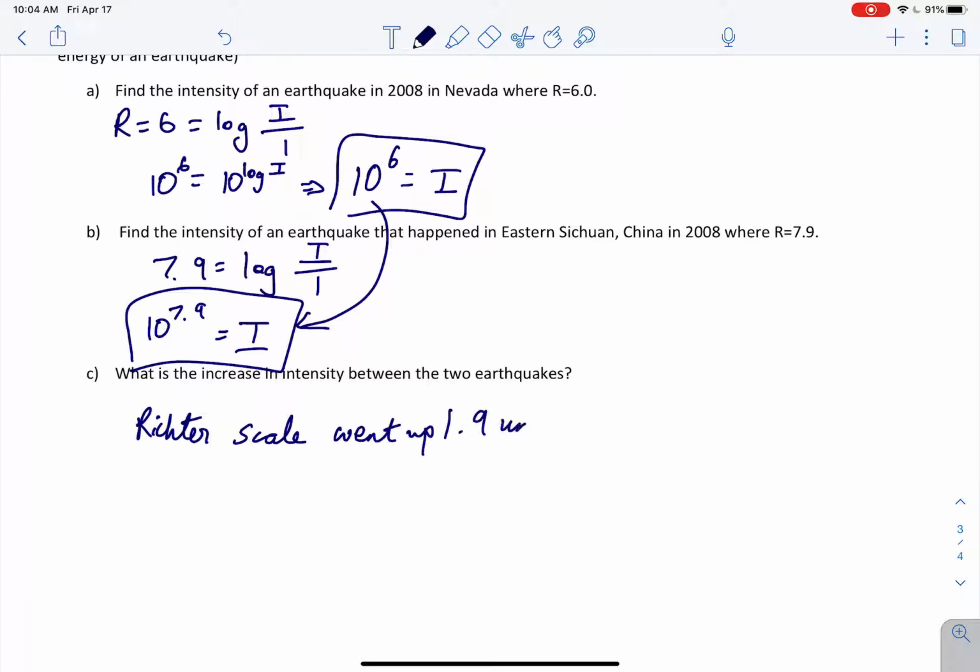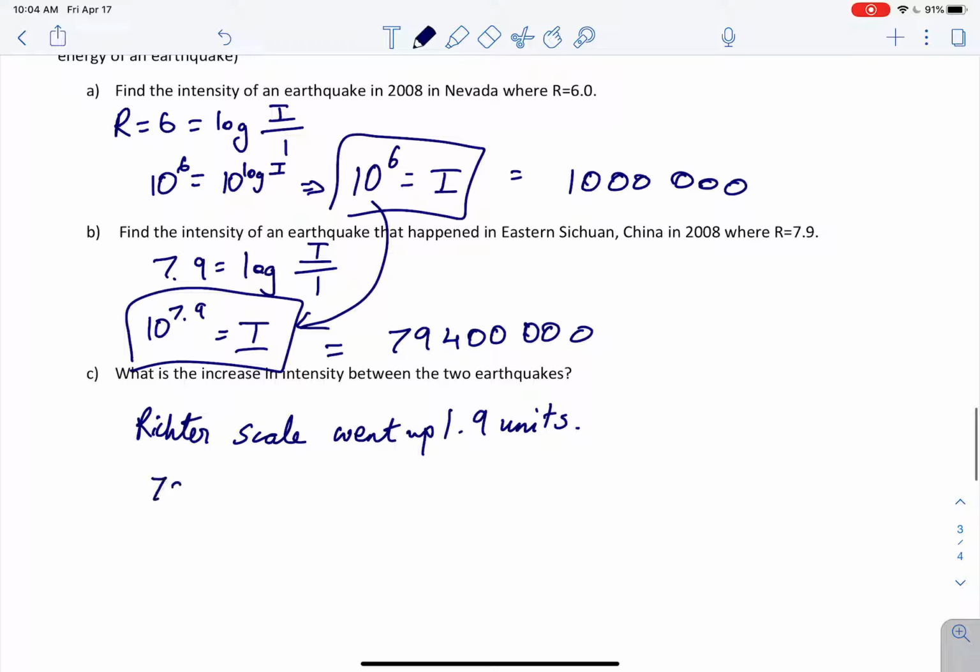Up 1.9 units. That doesn't mean that the intensity went up 1.9. It means that the intensity increased a lot more. Right? The intensity, this is about 79,400,000. And then this is 1 million.